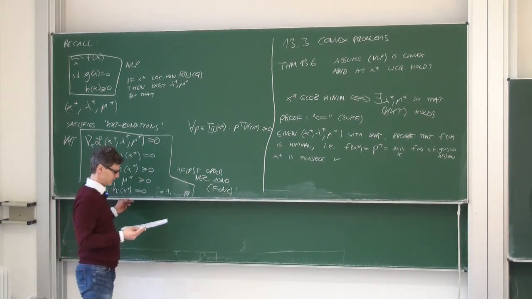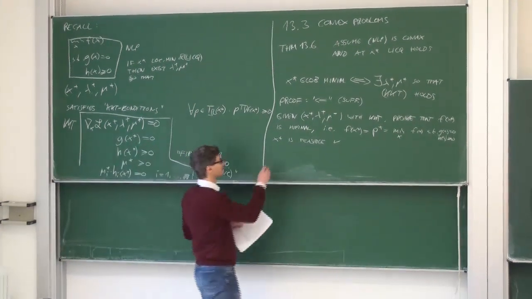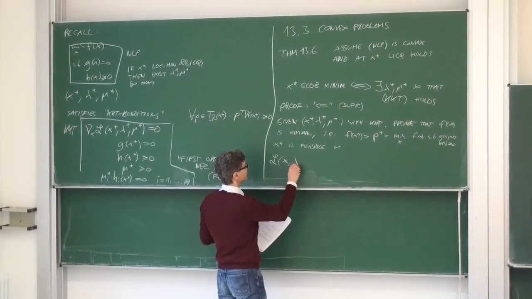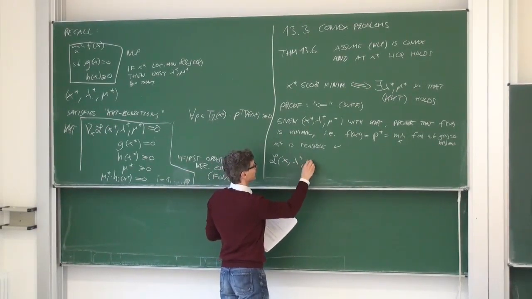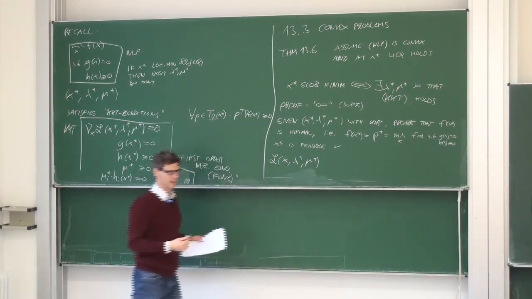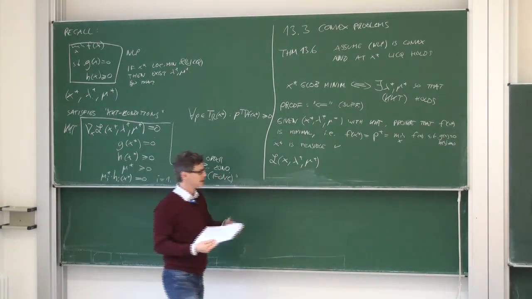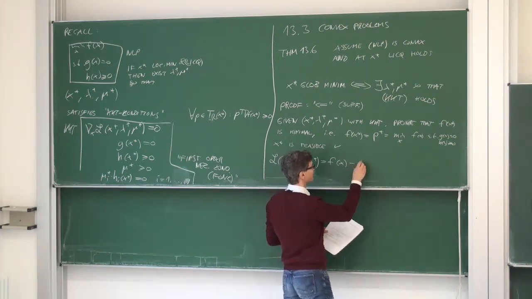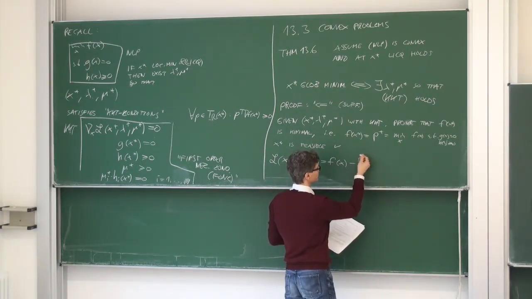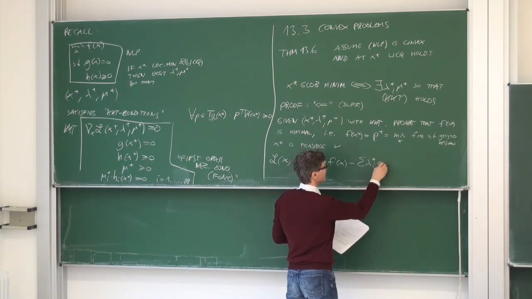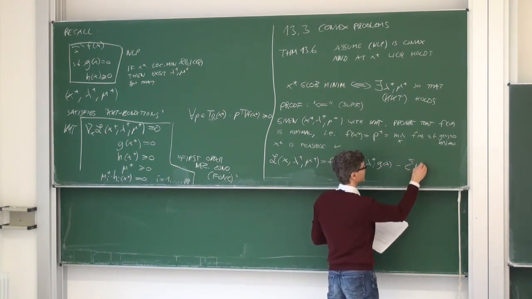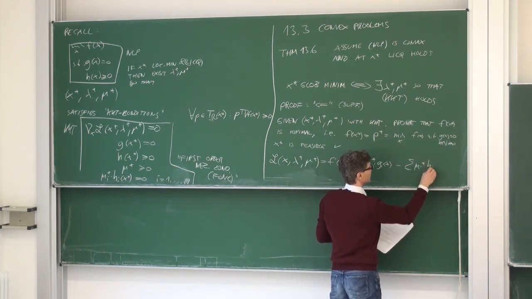And now we can go on to define the Lagrangian function. So I will look at this function. I will use the right multipliers, but I keep x free. And then I write this function, what was it, the Lagrangian? It will be f of x minus the sum of lambda star i g i of x minus the sum of mu i star h i of x.